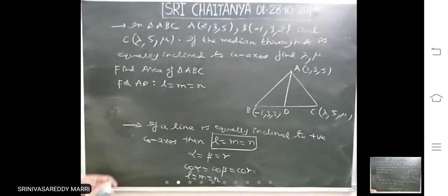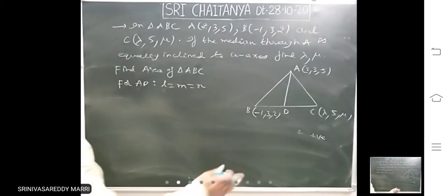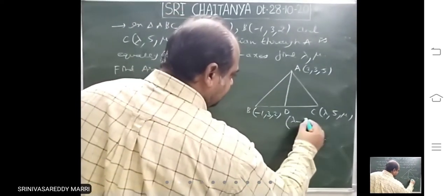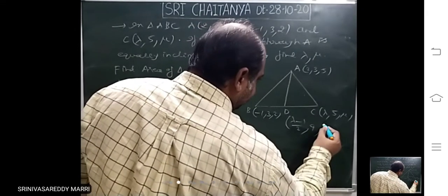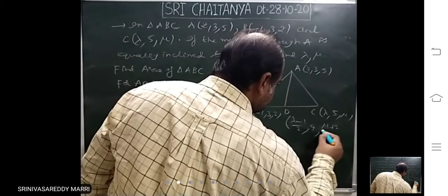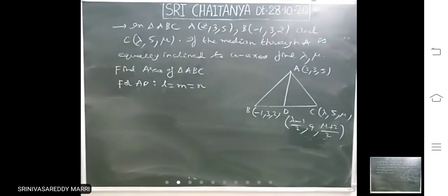DCs are equal, l equal to m equal to n. Now find point D, the midpoint. So this is nothing but (lambda minus 1) by 2 comma 4 comma (mu plus 2) divided by 2.